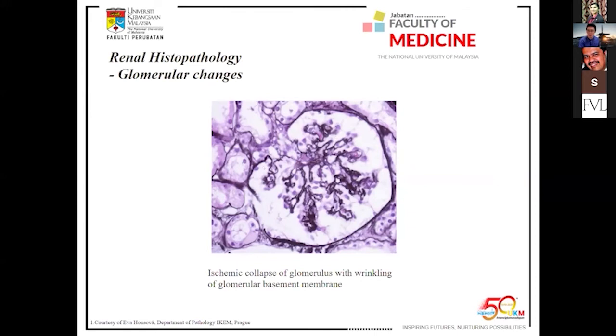When the ischemia happens, it all looks wrinkled and shrunken and pulled to the center. So you see all of these glomeruli are like a dying flower. Imagine the normal glomerulus, the endocapillary should be open like a flower blossom. But here, all of these endocapillary remain occluded because of the ischemic collapse of the glomerular tuft.